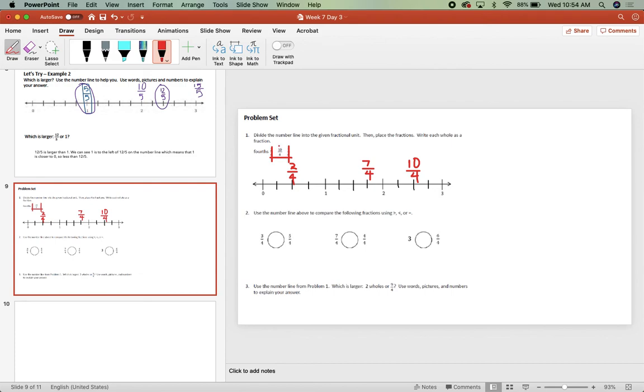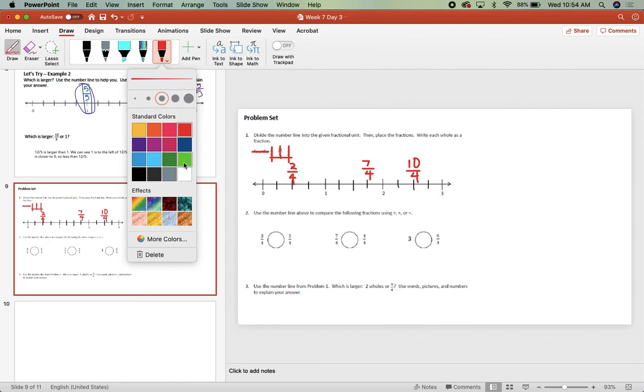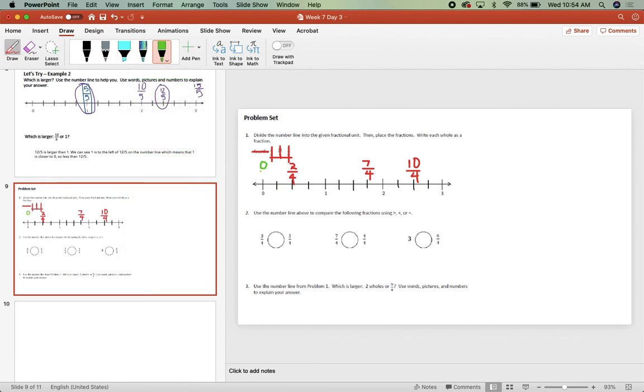Great. Now we need to go back through and label our whole numbers. They're going to be a different color. Okay, so 0/4 is equivalent to 0. 4/4.